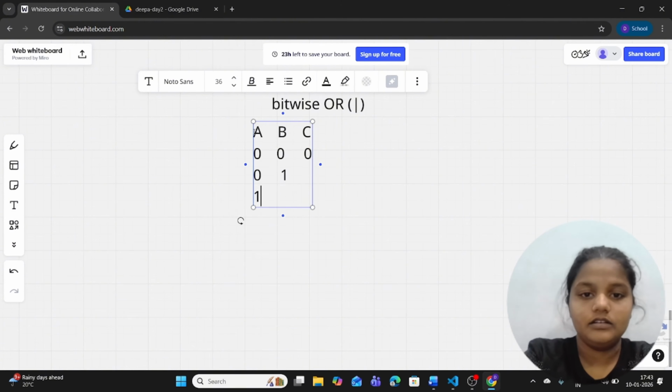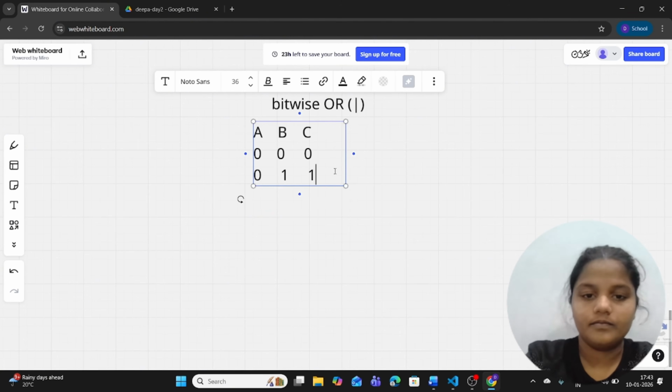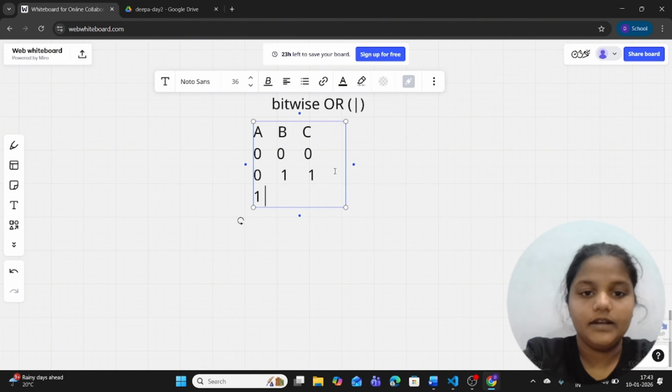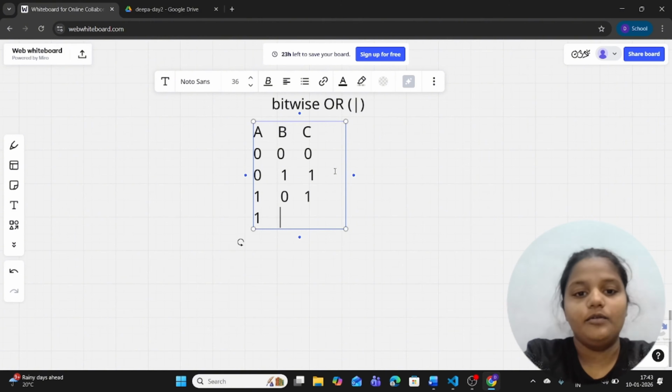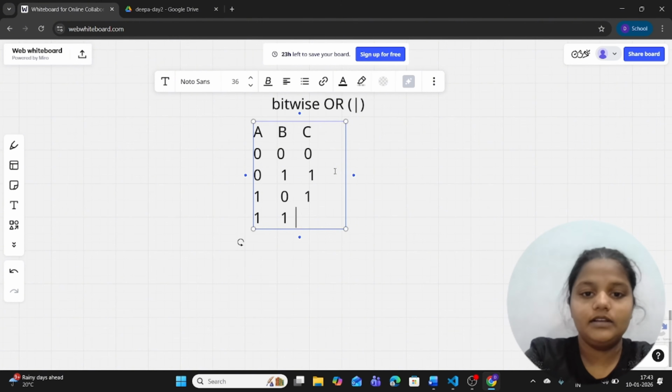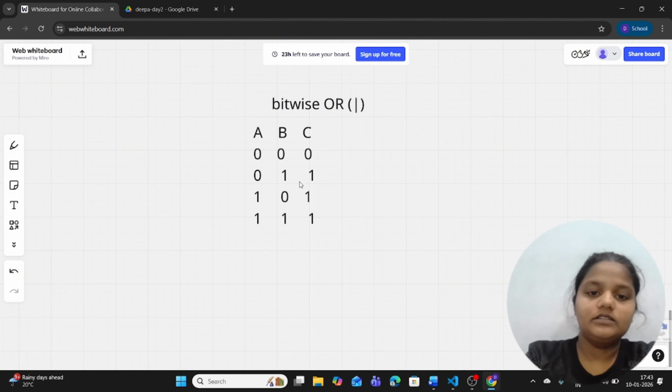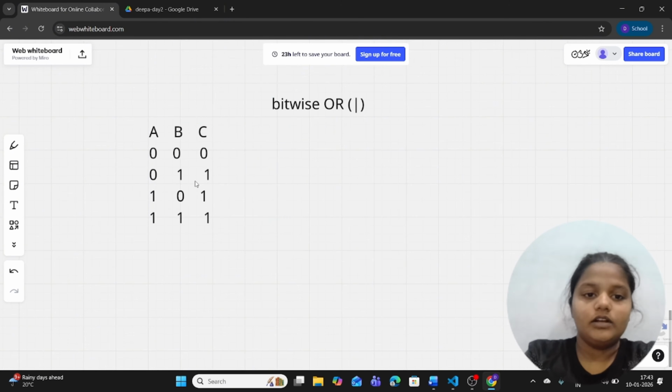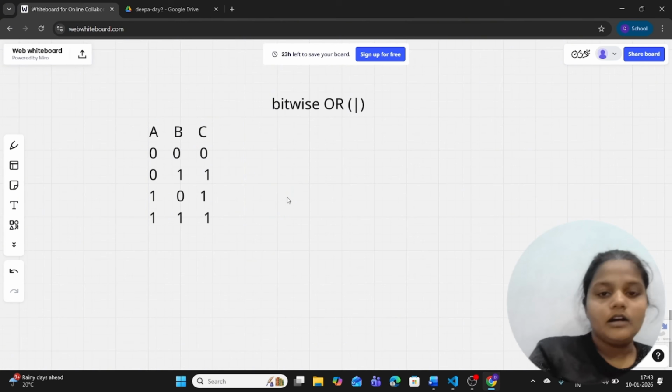If A is 1 and B is 0, then also the output will be 1. If A is 1 and B is 1, then the output will be 1. So this is the logic gate for OR.